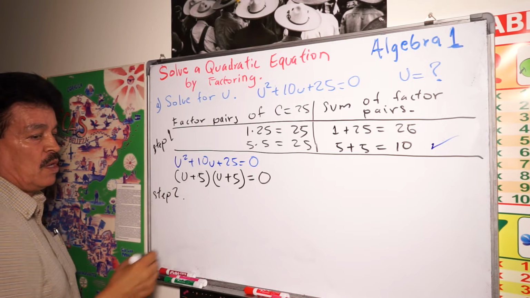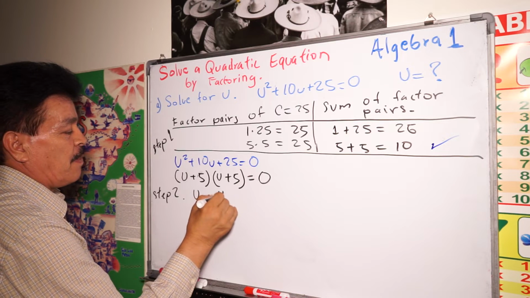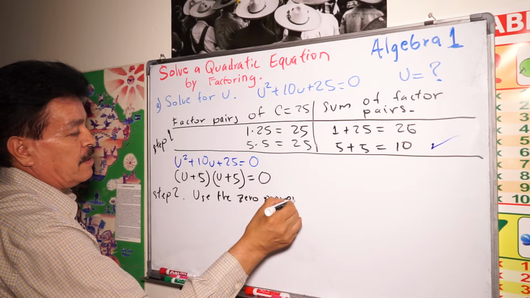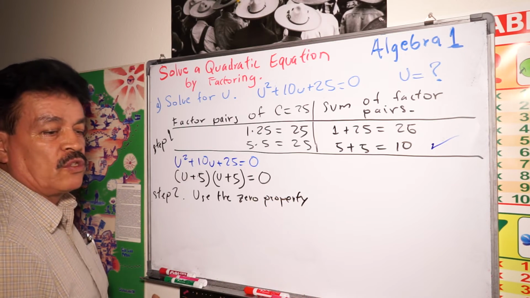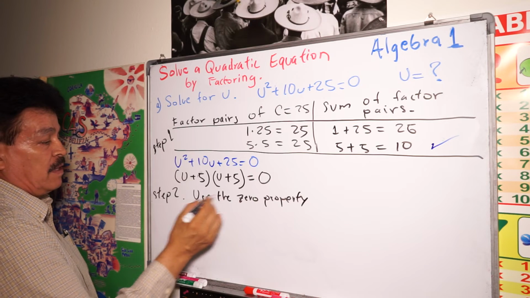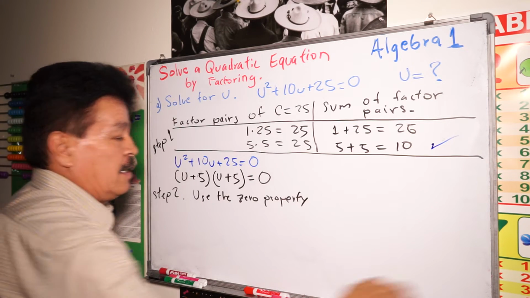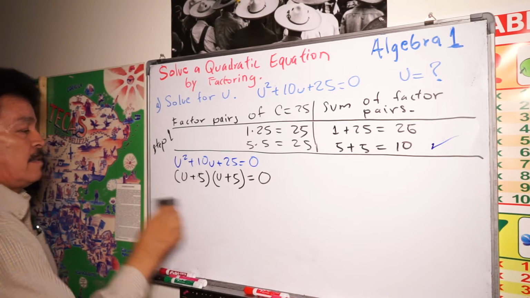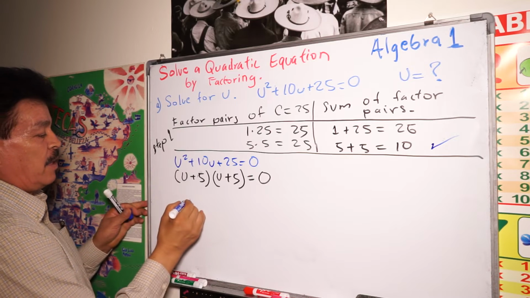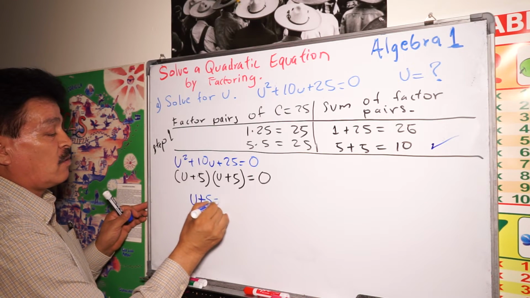So step 2, use the zero property to solve the factored equation. With the zero property, we are going to have u plus 5 equals 0.